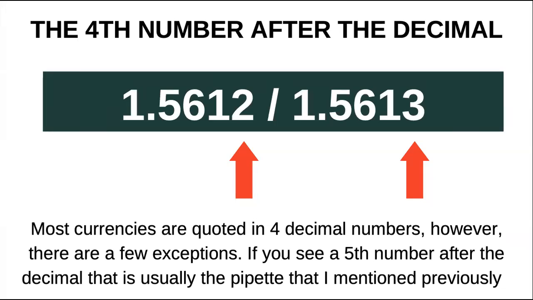As price moves either up or down, the pipettes are what's changing. Once 10 ticks have happened, you'll see the price of the pip, which is the fourth decimal place, will move. Most currencies are quoted in 4 decimals.